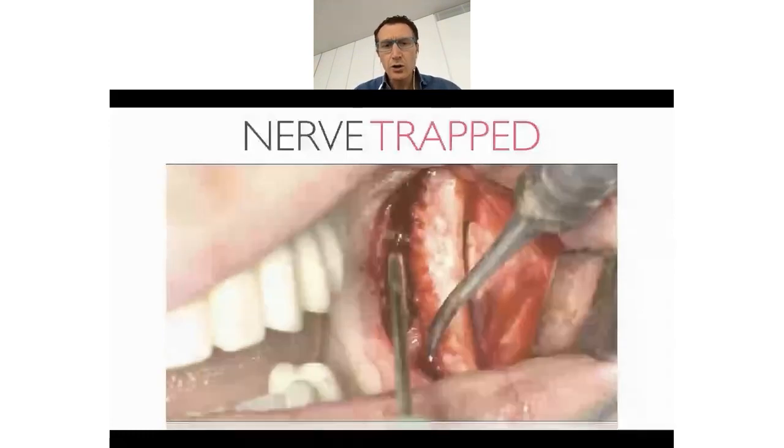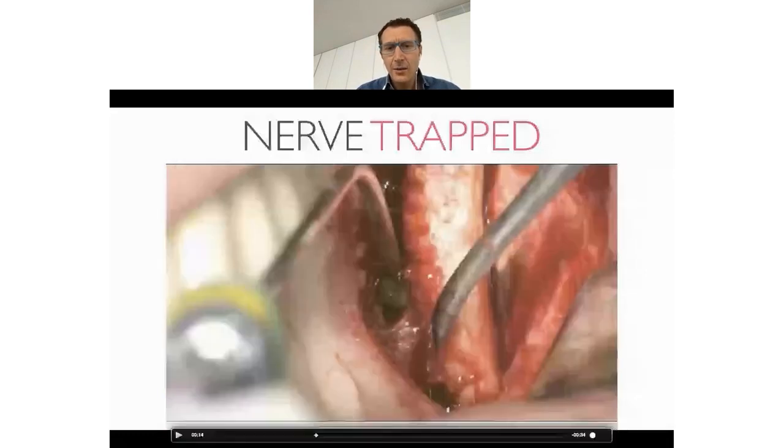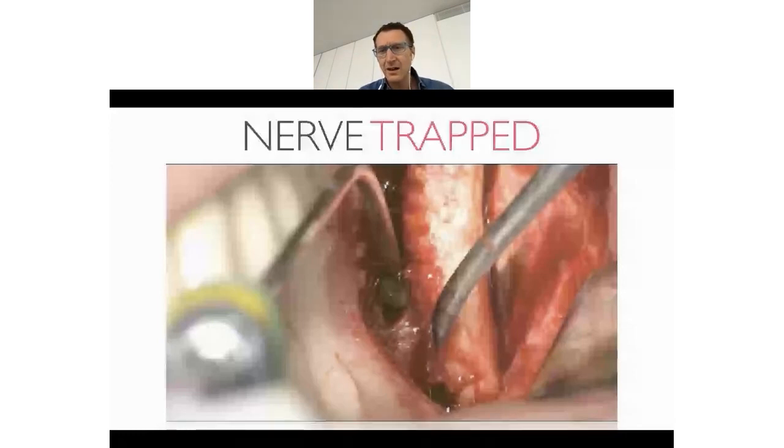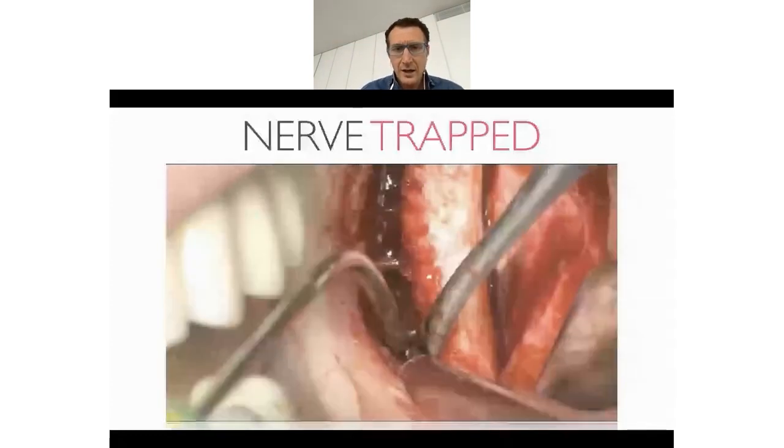The fracture line ran lingual to the nerve. What you see here inside the block in this position is the alveolar nerve that was running inside the block. So the nerve was trapped into the block. And this stressed me a lot, I can tell you.